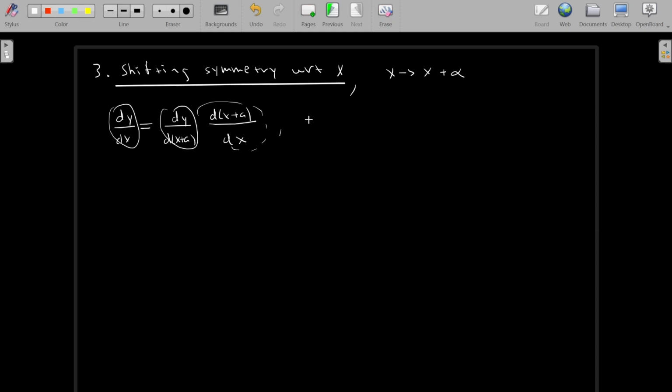So the general equations that exhibit shifting symmetry with respect to x is of this form, where there is no explicit dependence on x. So if you find a differential equation where x is missing, then you can immediately say that there is a shifting symmetry with respect to x, because nothing else is going to change if you send x to x plus something, right?